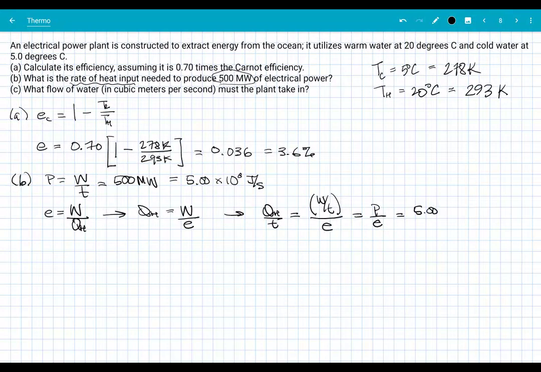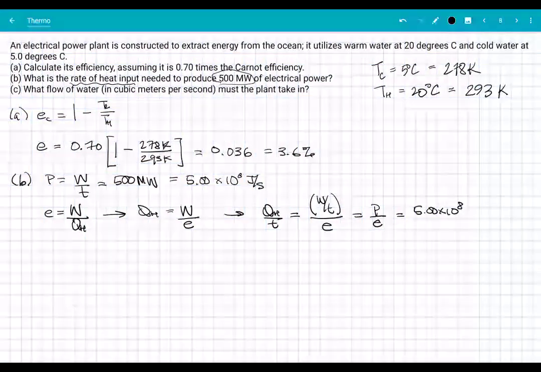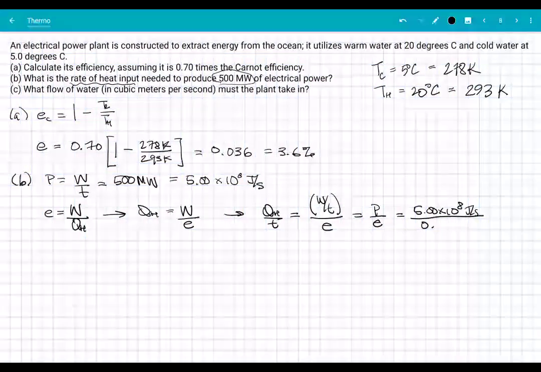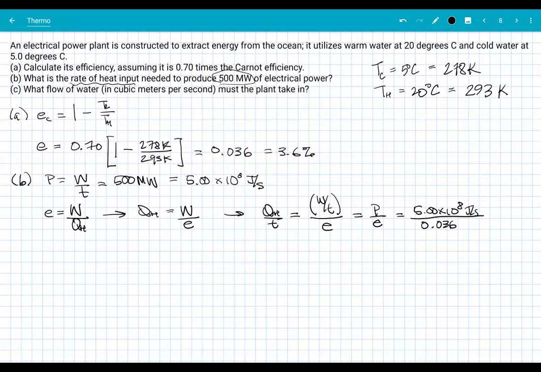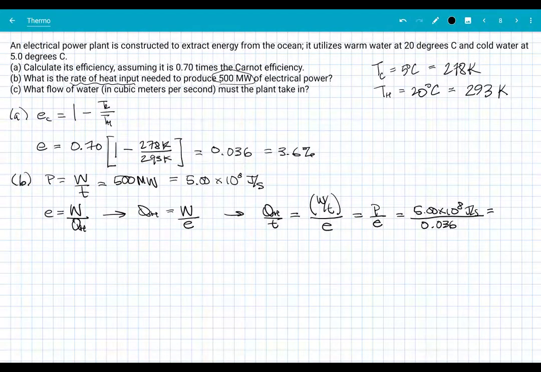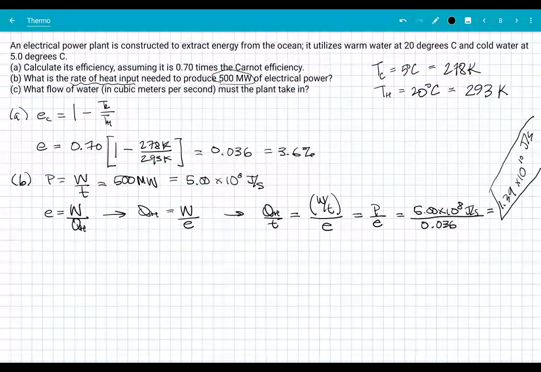I'll put that in SI, 5 times 10 to the 8 joules per second. And our efficiency, as we know, is 3.6%. We need to write that in decimal form when we're using it in a calculation. And what we get here is something like 1.39 times 10 to the 10 joules per second. Okay, so that gives us the rate of heat input. That is in joules per second, right? Let me kind of box up my answers here.